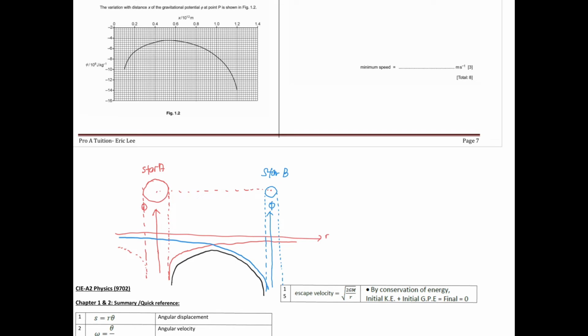If you look at the black color graph here, this graph is the graph given in the question.